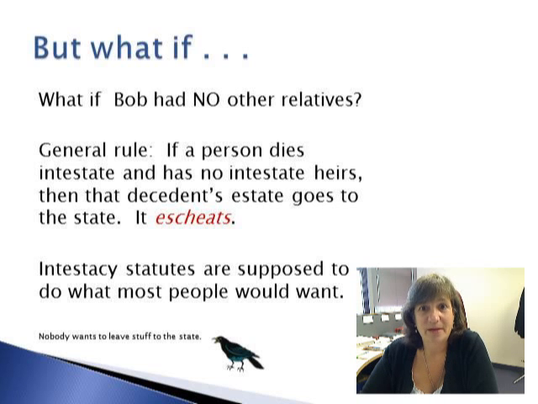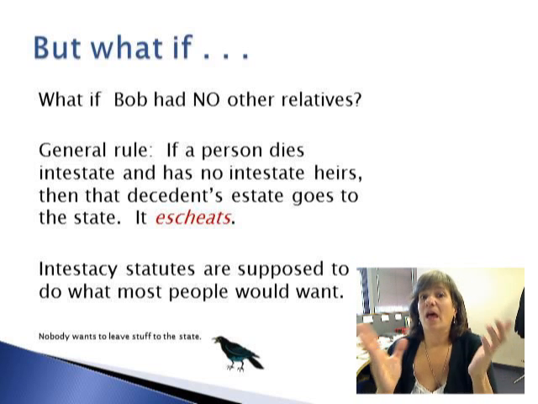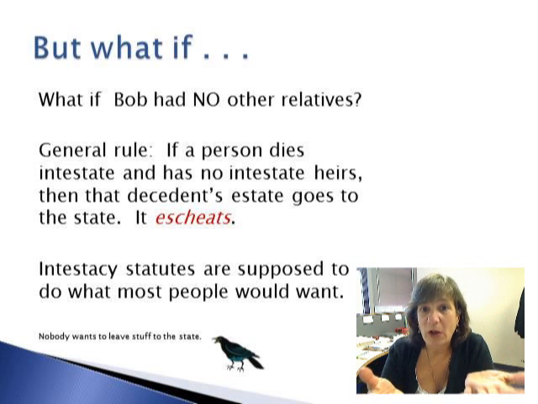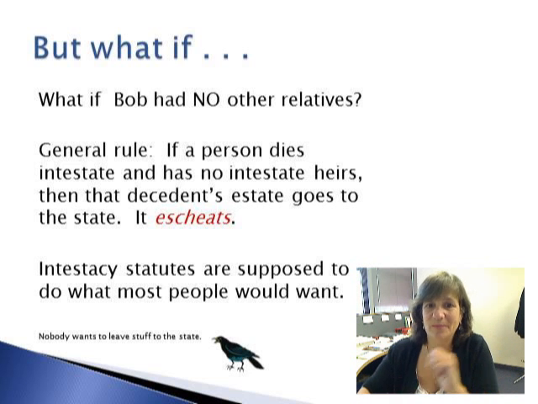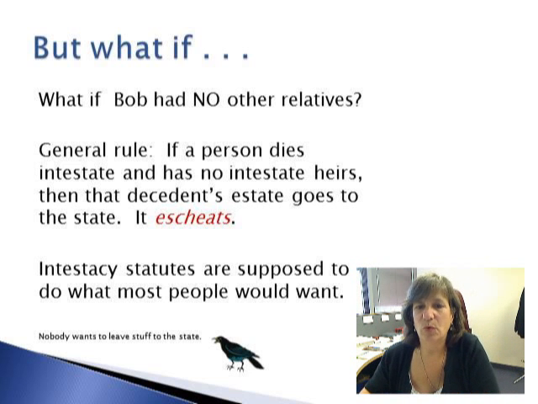So, think Minnesota Department of Revenue. That's who we're talking about. It escheats. The word is escheat. Most people don't want that. So if we're trying to have an intestacy statute that does what most people would want anyway, this could be a sucky rule that says, okay, she didn't survive long enough, therefore the state gets it instead of her family. Most people don't want that.